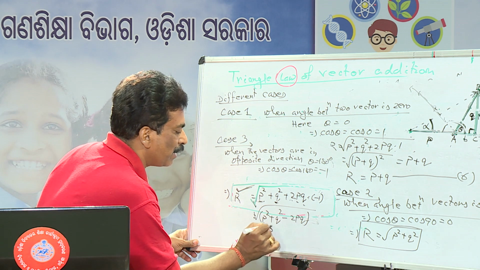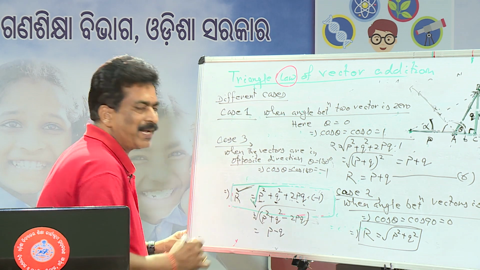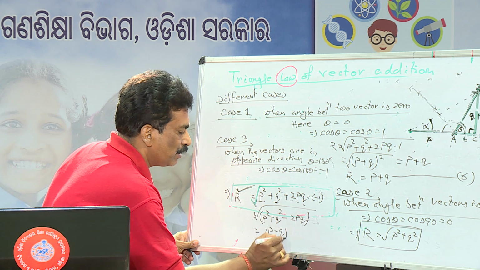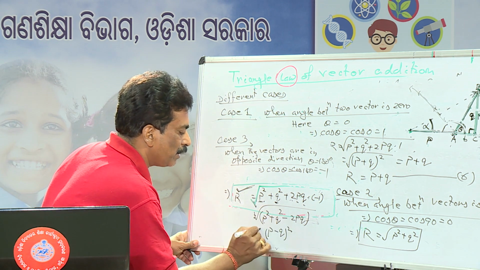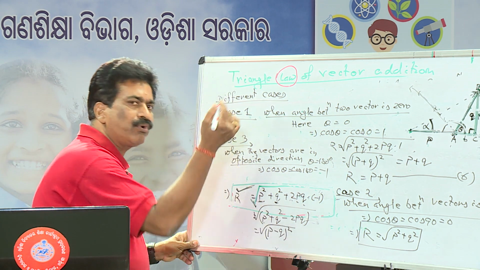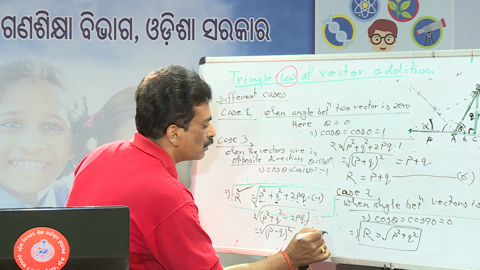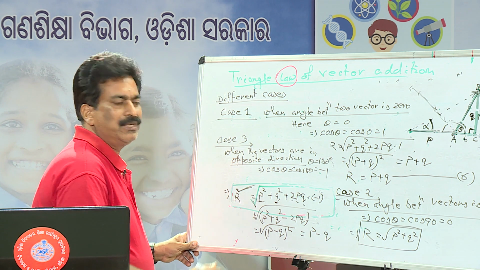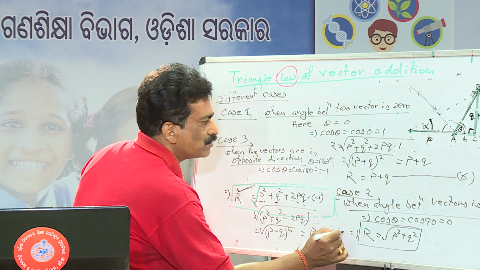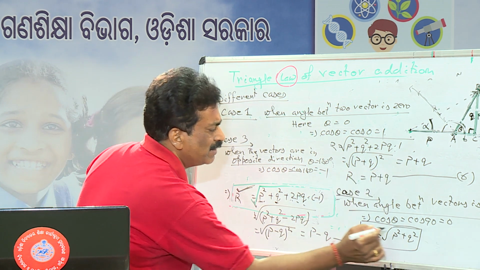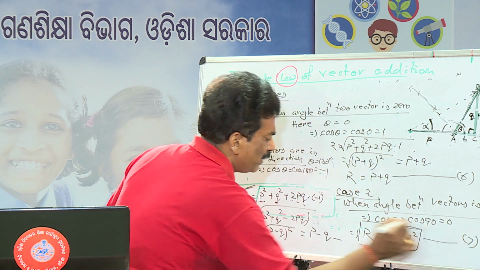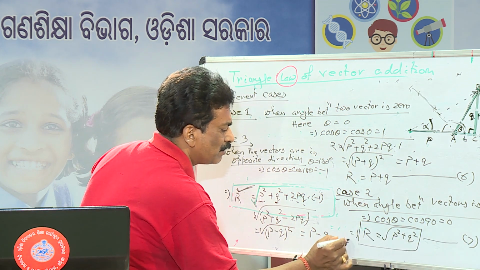A is P here, b is Q here. So a minus b means P minus Q, whole square, and root over is there. When the square root is taken, the square is out, so that is equal to P minus Q. That is equation 8.